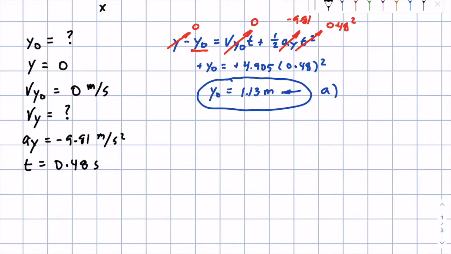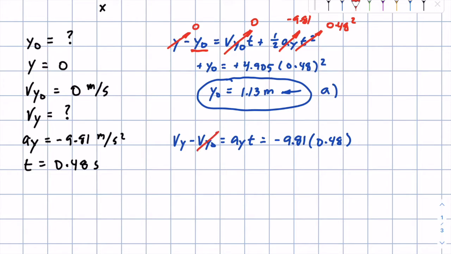All right. Now let's do the short equation where we've got Vy minus Vy naught is equal to Ay times time, which is equal to negative 9.81 times 0.48, right? All I did here is I plugged in negative 9.81 for acceleration due to gravity, and I plugged in 0.48 for time.